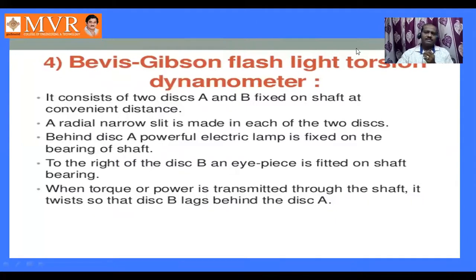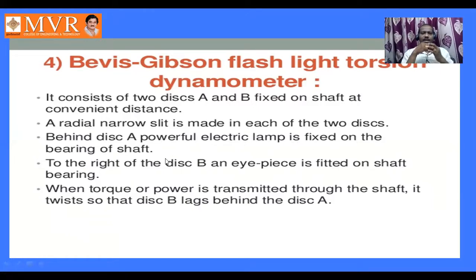This is the simple construction of a system to measure the angle of twist. It consists of two discs A and B fixed on a shaft at a convenient distance. One disc A is at one end and disc B is at the other end. A radial narrow slit is made in each of the two discs, that means a small hole is drilled in the two discs. Behind disc A, a powerful electric lamp is fixed on the bearing of the shaft.